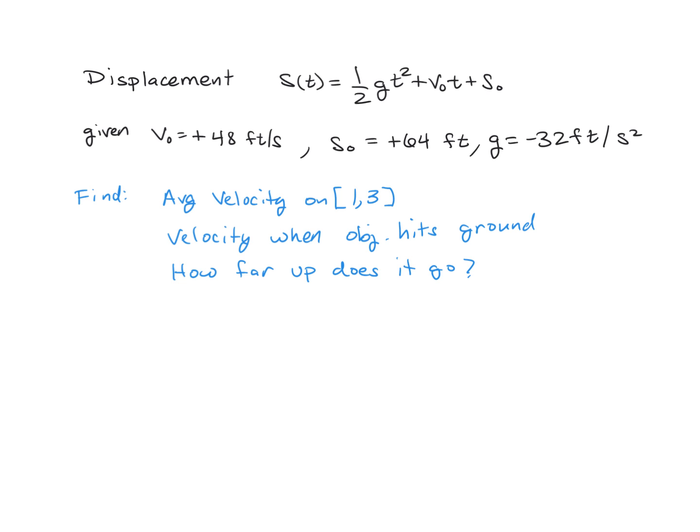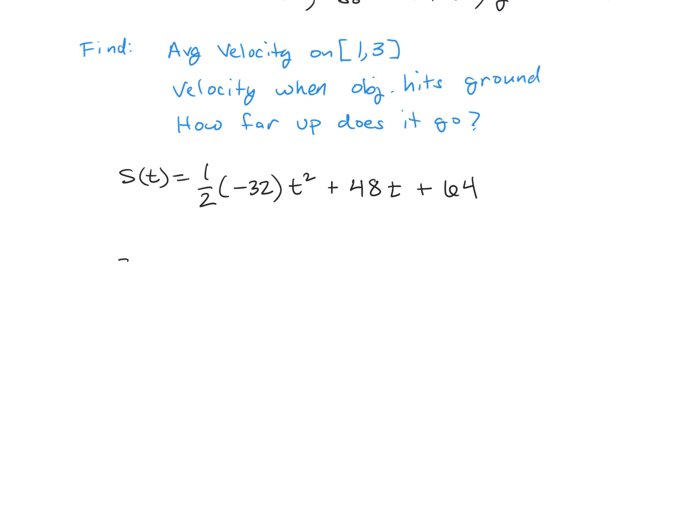So for us, our function is going to be s of t equal to negative 1/2 times negative 32 t squared plus our initial velocity, which in this problem is a positive 48 times t, plus our initial displacement, which is positive 64 feet above the ground. Simplifying this out, we get s of t is equal to negative 16 t squared plus 48t plus 64.